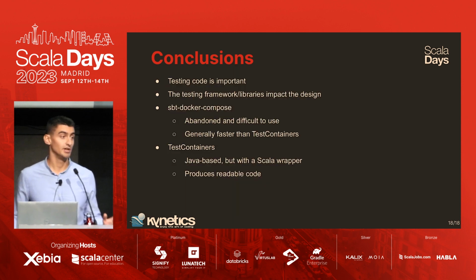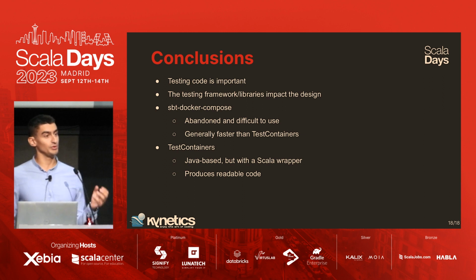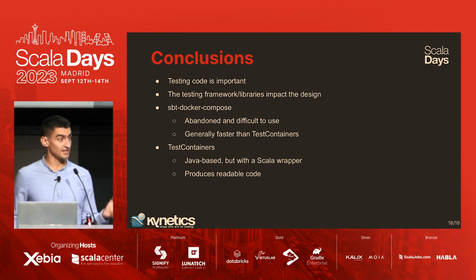In conclusion, testing code is very important. And it is very important to put a lot of attention in our testing code because bad tests will negatively impact the performance of our programming workflow. But of course, the testing framework that we choose affects the design and the implementation of our test cases.